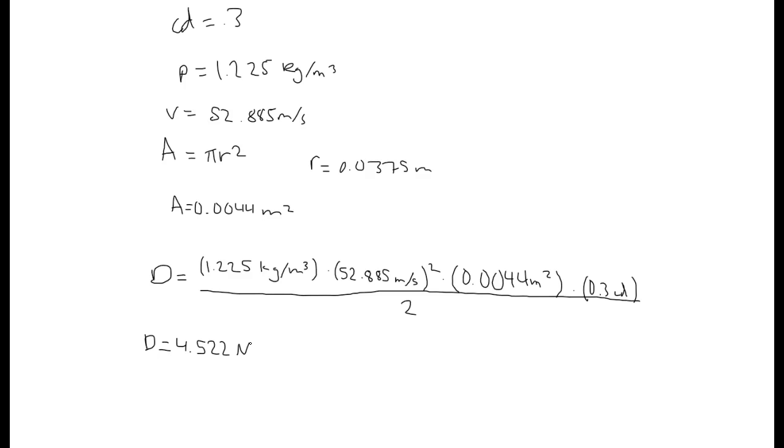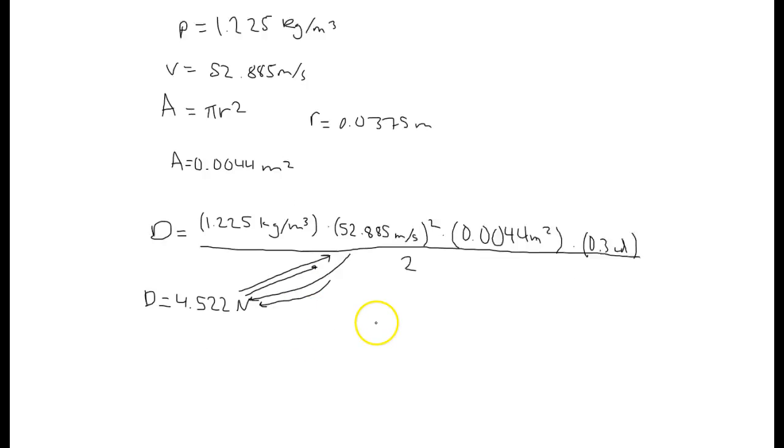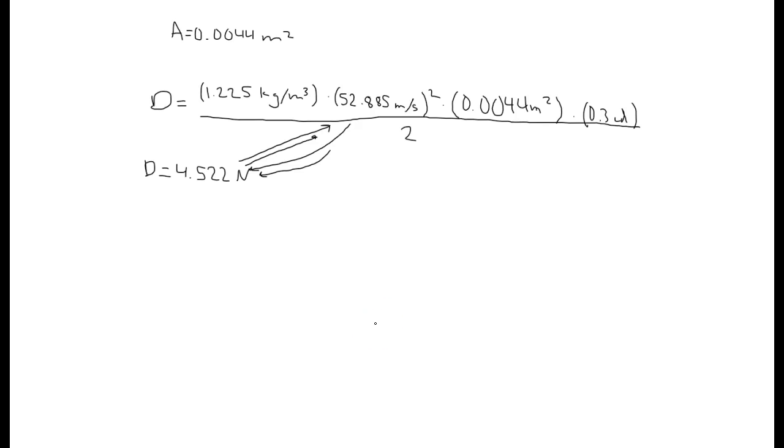This value is rather odd to apply to the distance of the ball and the trajectory, because once this affects the ball, it will decrease the velocity, and once the velocity decreases, this will become smaller, and it will affect the ball less and less over time. It's hard to apply to a trajectory, and it's something I myself am unable to do, and is something a higher level physics scholar will understand.